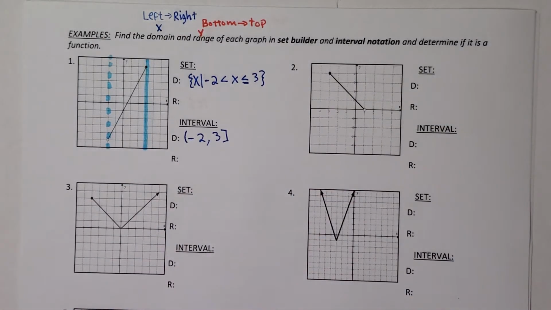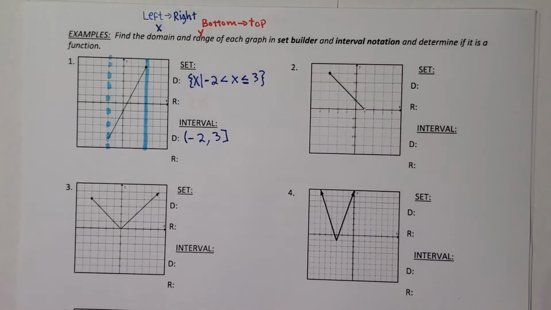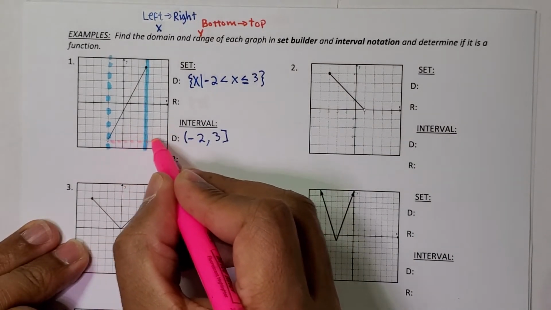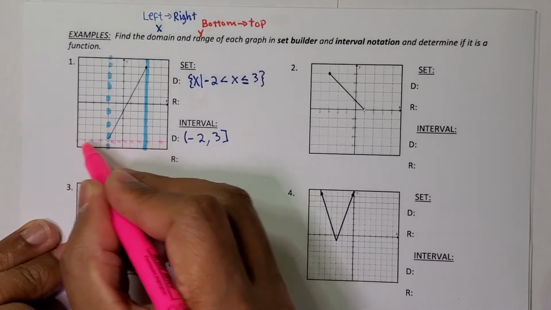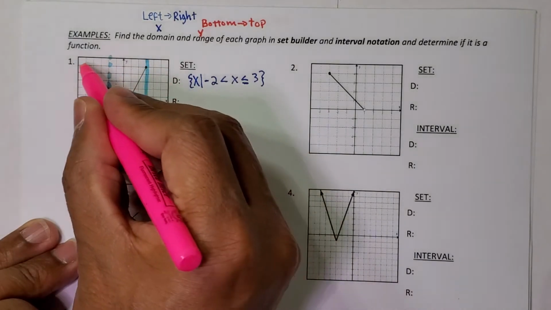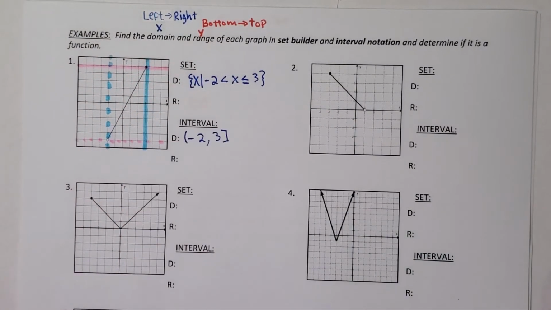Now let's go on to the range. I don't have red, but I'm going to use this highlighter here, and it's going to be a dashed line because it's an open circle. But this one here is going to get a solid line because it's a closed circle. Now that's going to help me with the range.